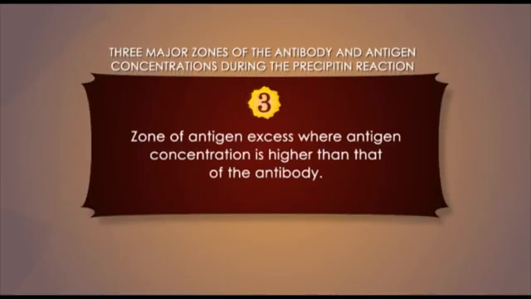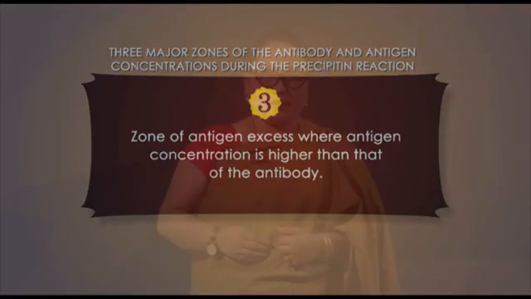Number 3, zone of antigen excess, where antigen concentration is higher than that of the antibody. Precipitin lines will form at the zone of equivalence, where the concentrations of antigen and antibody are the same, and it is the optimum condition to form the antigen-antibody lattice.